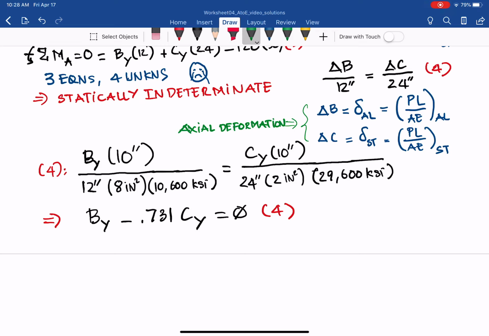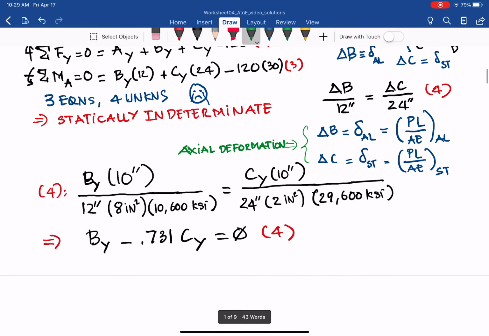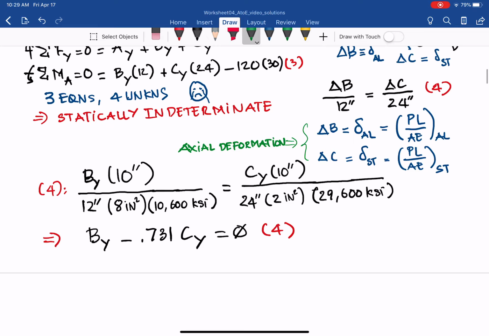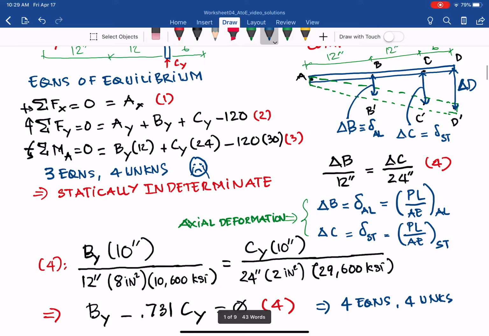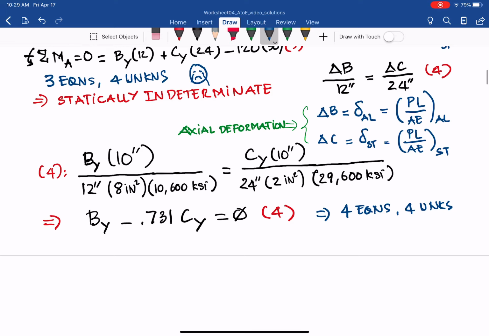When you have equation 4, we now have 4 equations and 4 unknowns, right? And that will be a happy phase. What are the 4 equations? The 3 equilibrium equations and 1 equation from the compatibility diagram. So it will be a happy phase, and you can go ahead and solve.